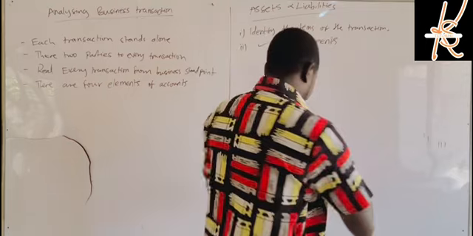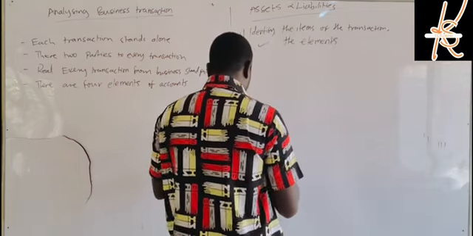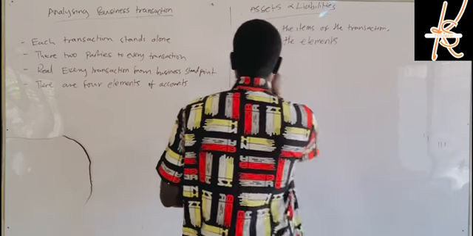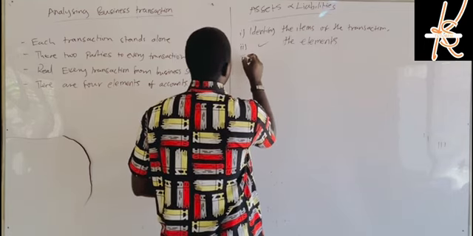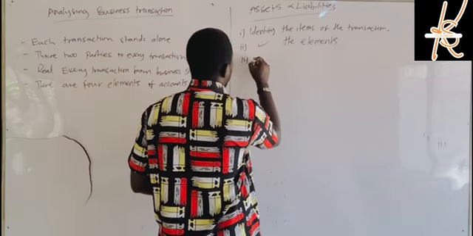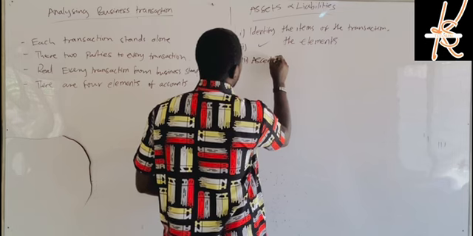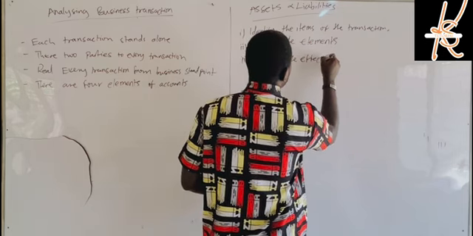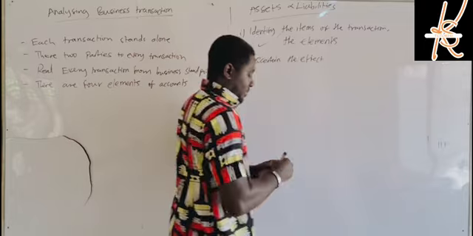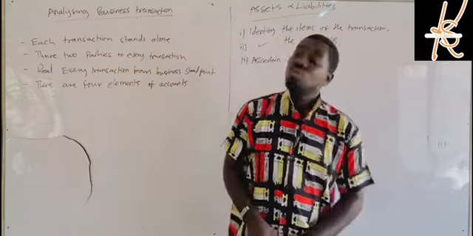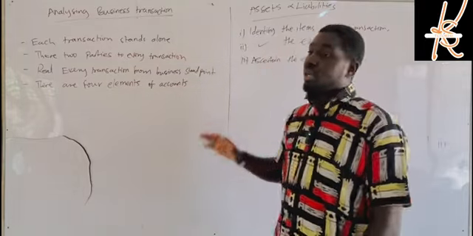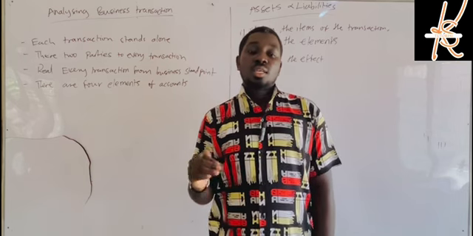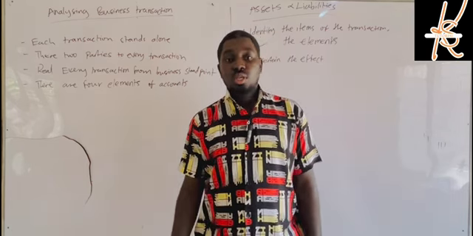Then the last one is, we need to ascertain the effect. We need to know the effect that it is going to have on the business or on the transaction.